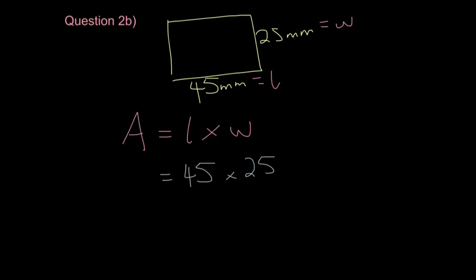So I'm going to use my calculator. My calculator tells me the answer is 1,125. 1,125 what? The units in the question were both millimeters, so my answer must be millimeters squared.